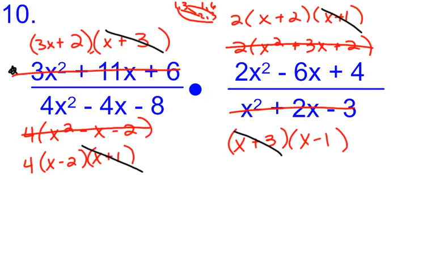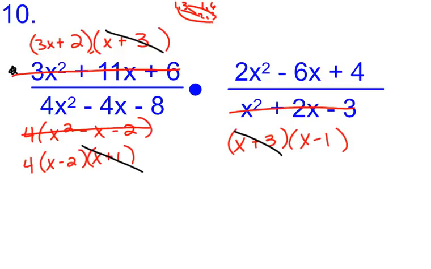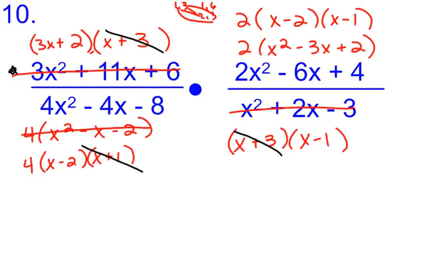Oh, hopefully you guys found my mistake. Right here, looking at my factoring. Let's start this one over here. This one, when I took the 2 out, I changed my sign. Aren't you excited that you thought you got me on one? That was close. Here, when I factor, then I would get x minus 2, x minus 1.